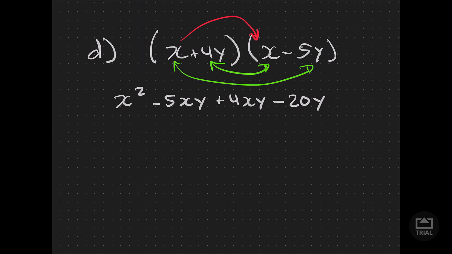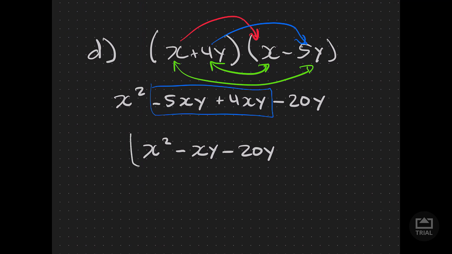And when I look right here, those were the two that we multiplied together. Those have the same variable configuration, so I can combine those together. So when I write this out, I'm going to get x squared minus xy minus 20y squared, and that is your final answer.